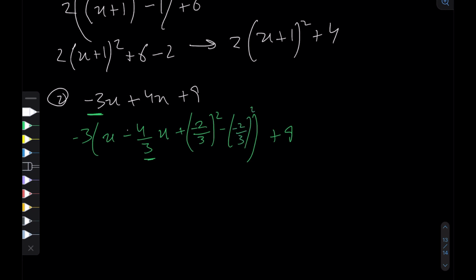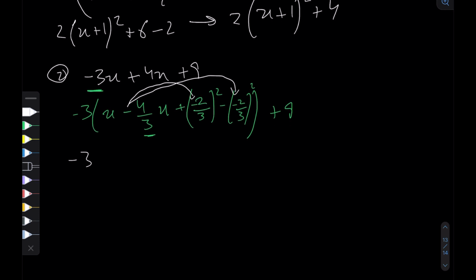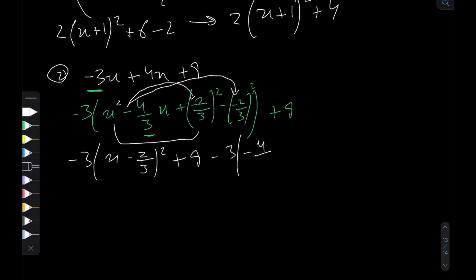Right, notice how this negative sign goes along into the brackets, and once I compress this, this whole thing can be compressed into (x minus 2 over 3) whole squared plus 9 minus 3 times minus 4 over 9. Right, and so I get minus 3 times (x minus 2 over 3) whole squared plus 9 plus 4 over 3, and you can just add them up and you will get the answer.